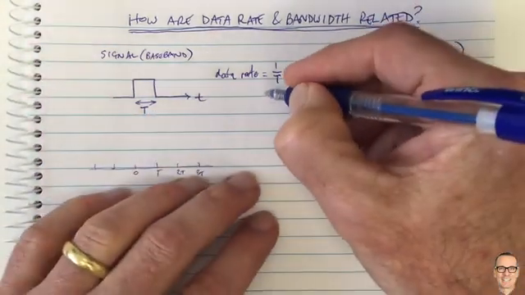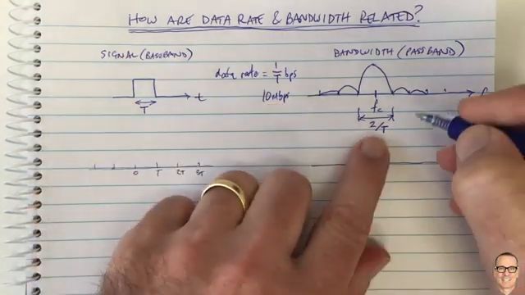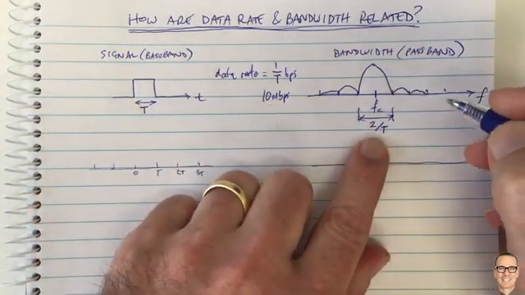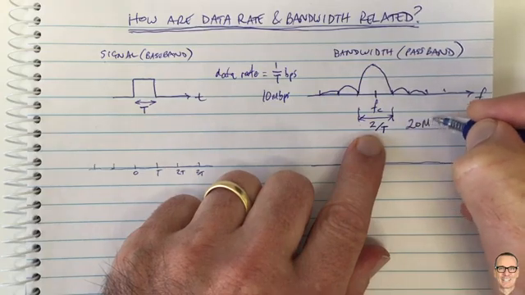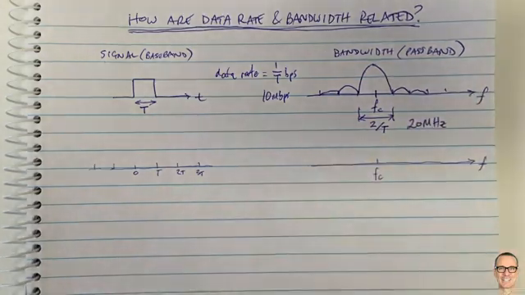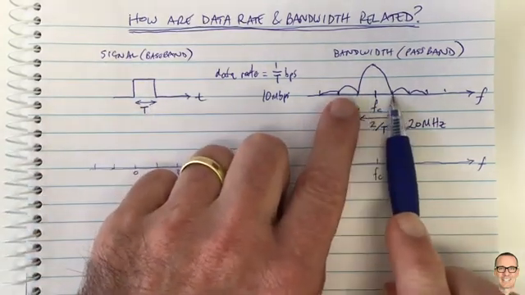For example, if we were sending at 10 megabits per second, then this bandwidth in the passband is 2 times 1 on T, so that would be 20 megahertz of frequency that we would need. So to send this signal, we would need 20 megahertz.